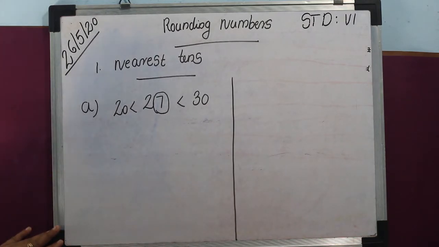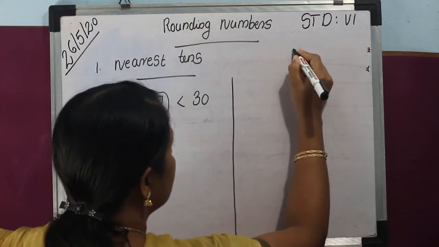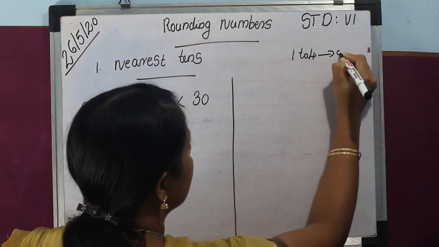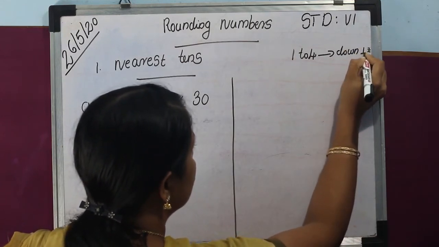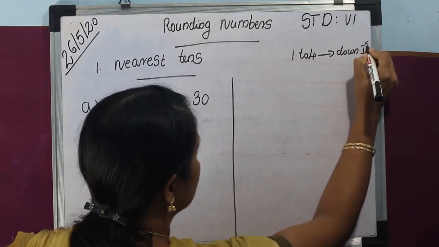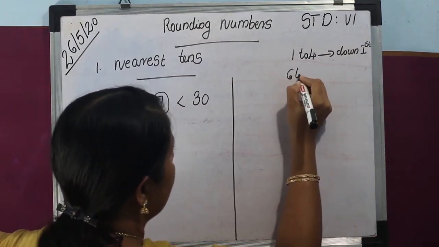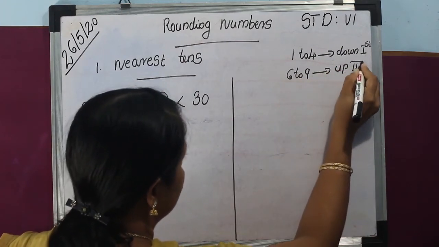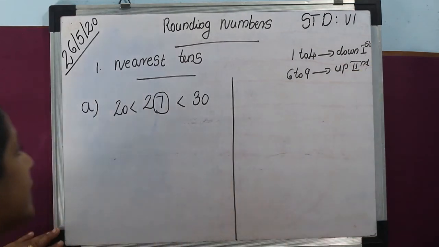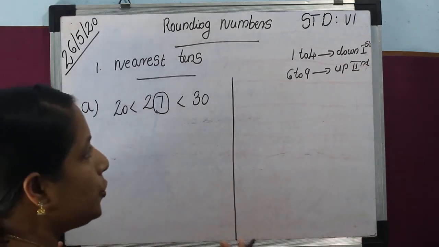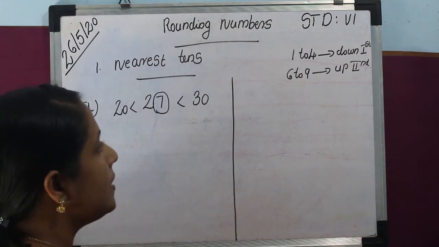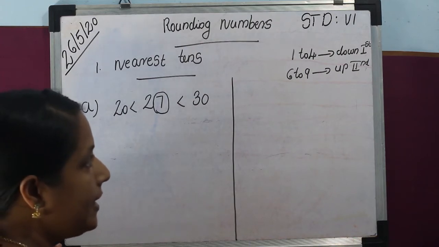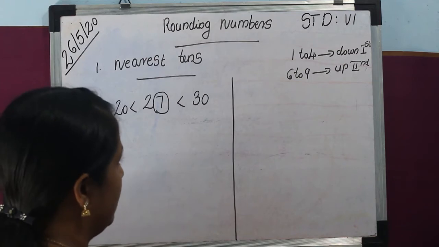For the nearest tens, there are some conditions: 1 to 4 is rounded down to the first number and 6 to 9 is rounded up to the second number. These are the conditions of nearest 10. That means 1, 2, 3, 4 are rounded down to the first number, and 6, 7, 8, 9 are rounded up to the second number.